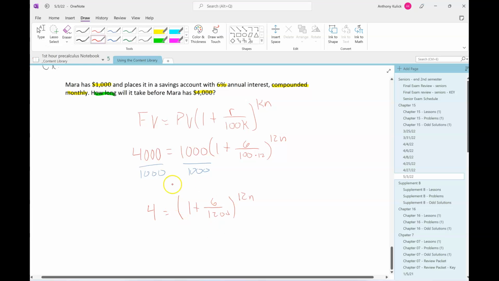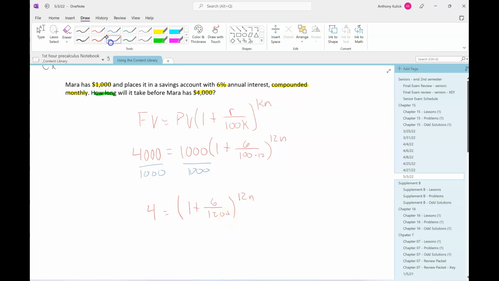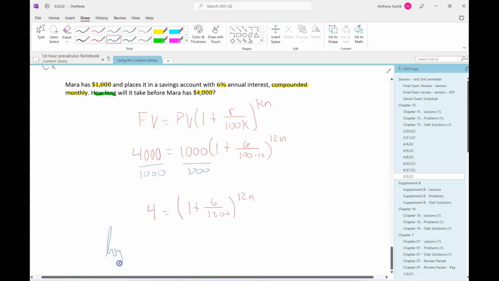And now this is a decimal, right? But I'm not going to turn it into a decimal. When I do my log, I'm just going to write it like this because it's probably a decimal that I don't want to mess with the rounding on.